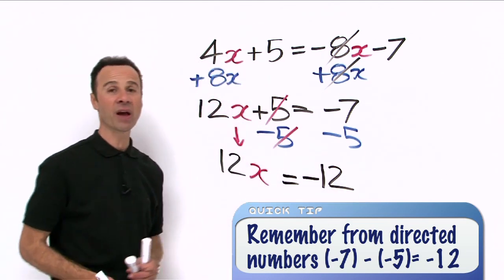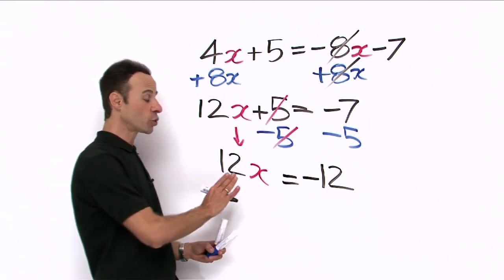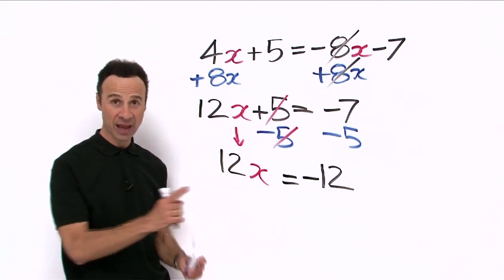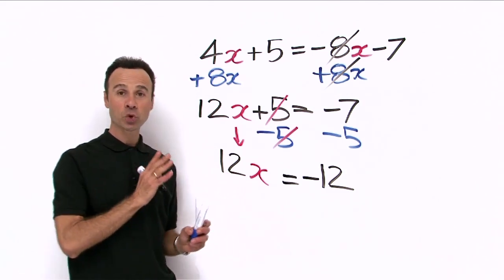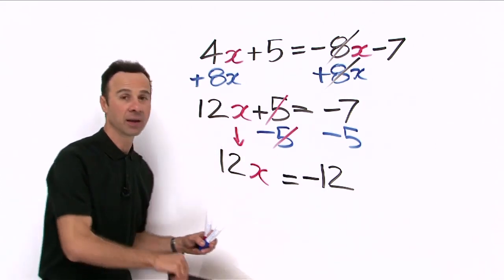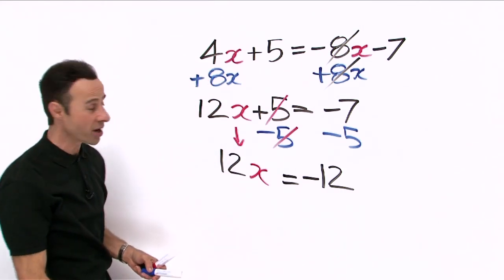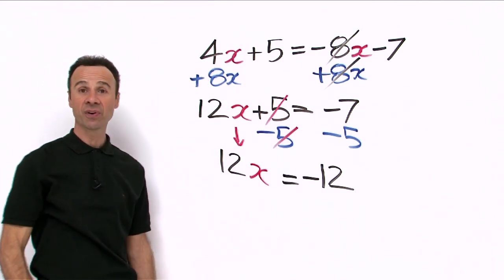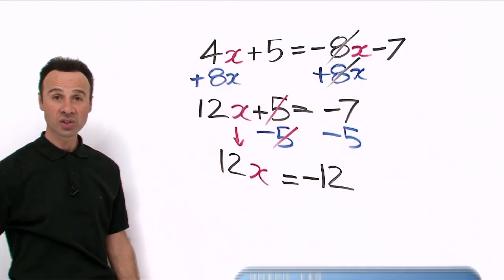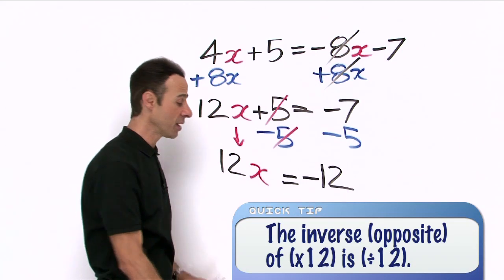Isn't this interesting? We have 12x equals minus 12. So how do we get rid of 12 times x? Because we want to get that x home alone. 12 times x. The opposite of times is divide, so we're going to divide both sides by 12. So we divide this side by 12 and divide that side by 12, yeah?